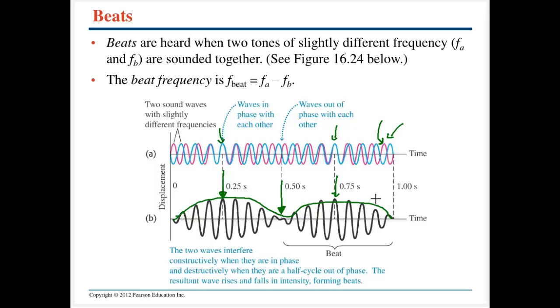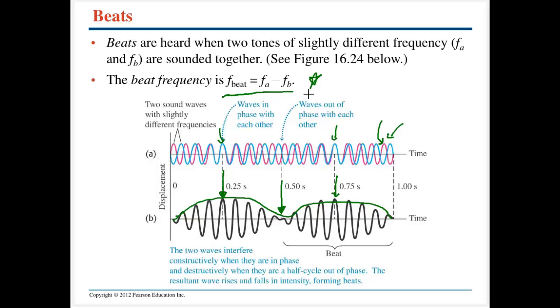Musicians use this to tune their instruments, say a harmonica or something like that. Of course, that's assuming you can hear that and you're not mostly tone deaf like I am. The nice thing about it is the very simple frequency. It's simply the difference between frequency A and frequency B, a fairly important equation to have.